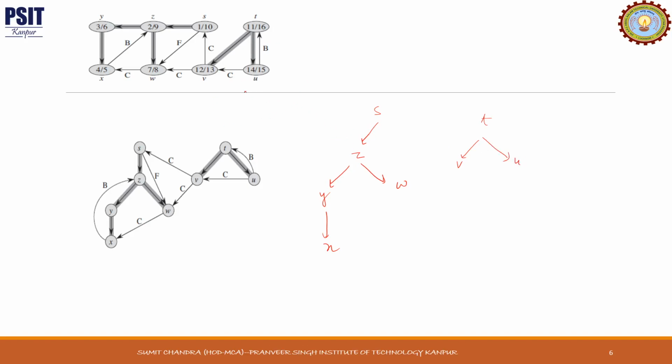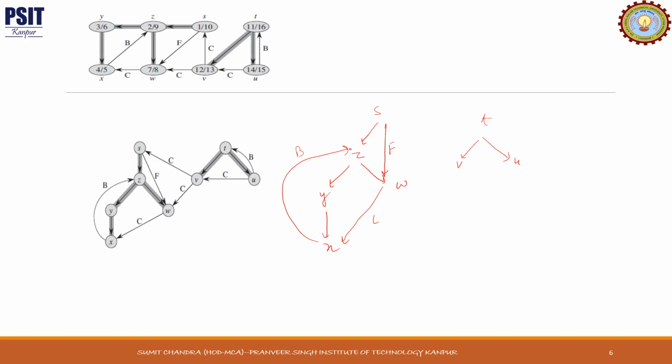So the other edges that we have to show: X to Z is a backward edge. Then edge W to X is a cross edge. Then edge S to W is a forward edge.